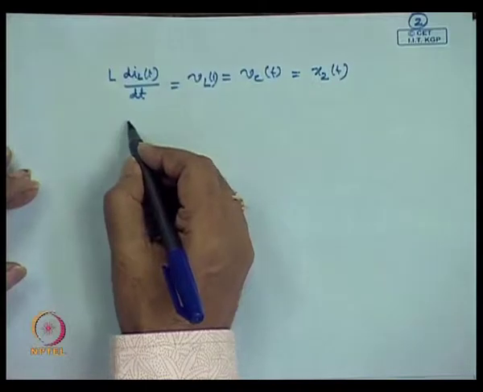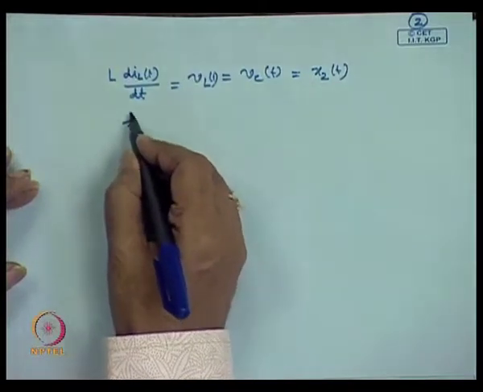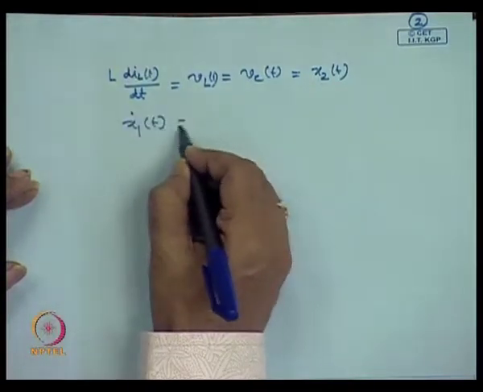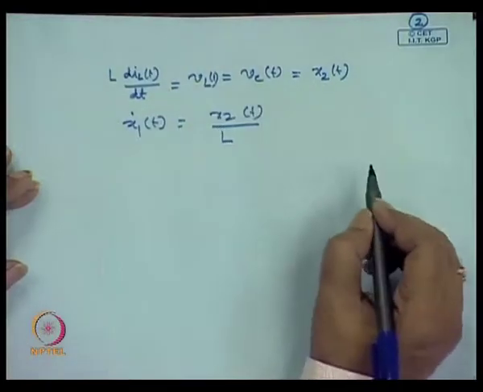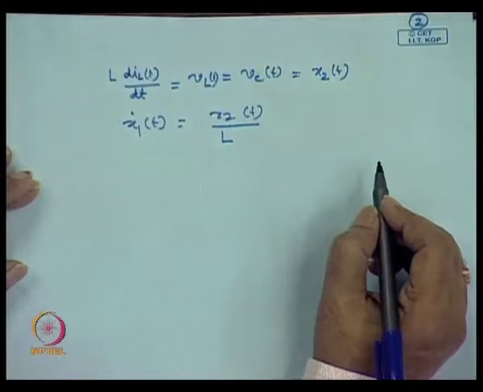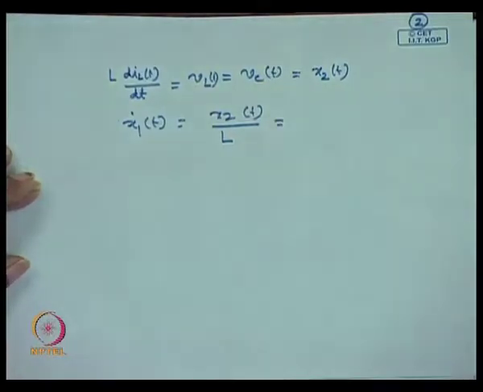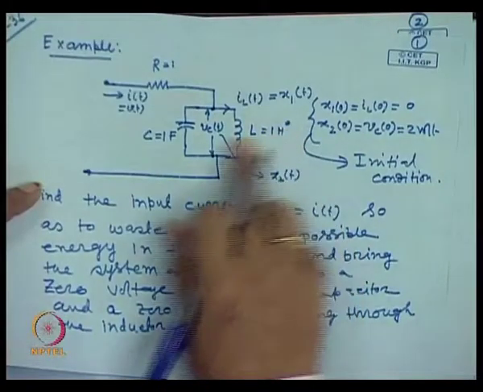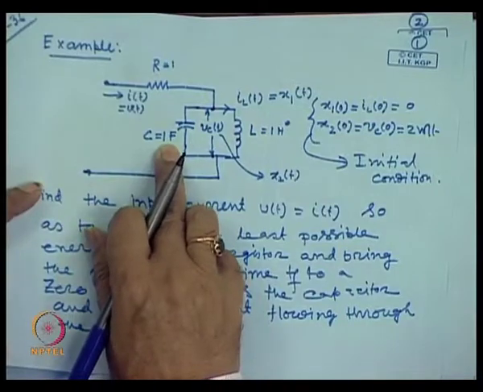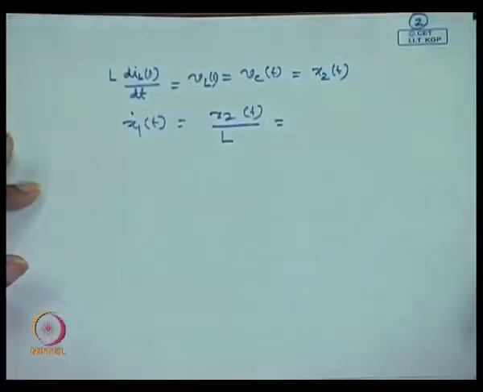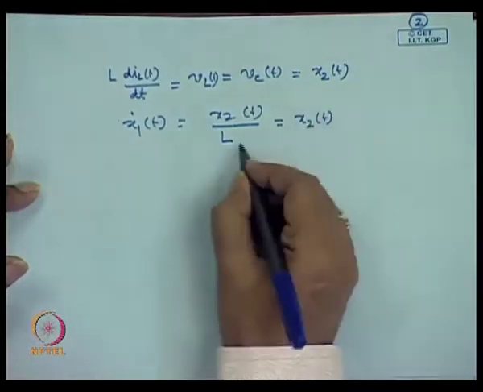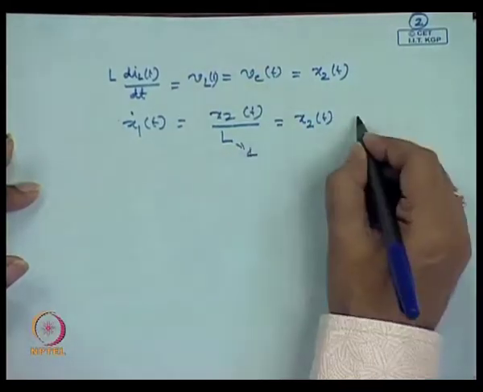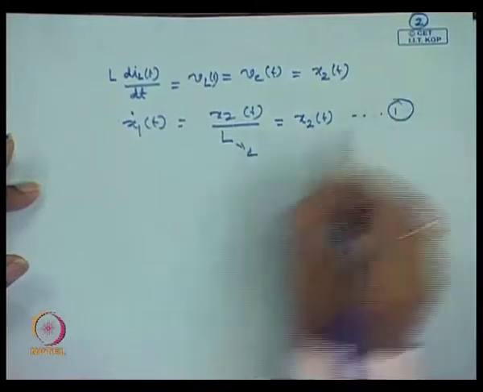So, we can write L x 1 dot of t is equal to x 2 of t divided by L. Agree? Since in our case we have considered L is equal to 1 Henry and C is equal to 1 farad, this is nothing but x 2 of t. So, this value is 1. Let us call this equation number 1.